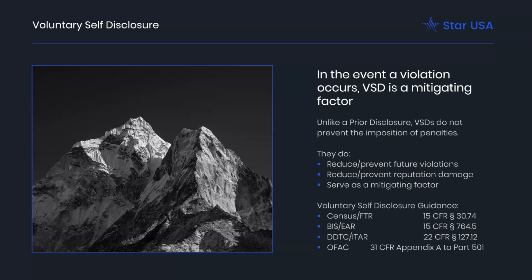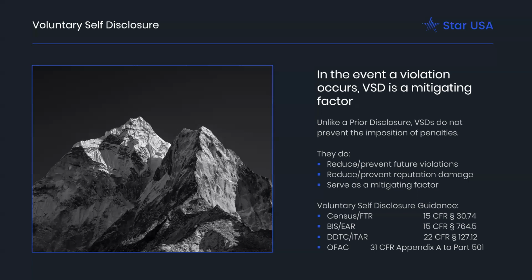The VSDs do reduce and prevent reputation damage. They prevent things from escalating out of control, and they often keep you from being splashed on the front page of the newspapers if there are proper protections put in place going forward.